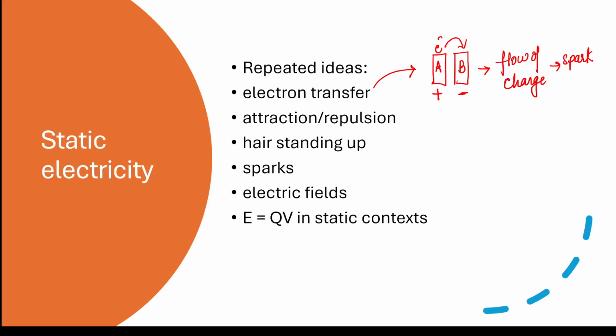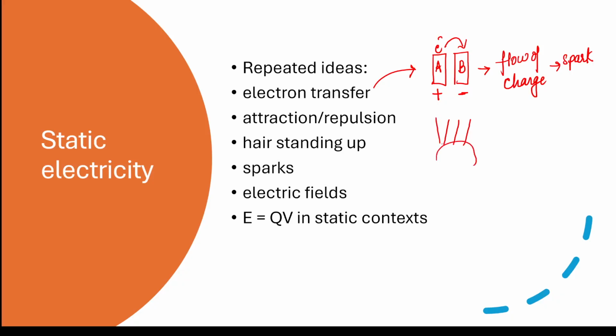And there would be attraction if it is opposite charge, repulsion if it is similar charge. One common example is the hair standing up. Let's say I'm just trying to draw a diagram here.